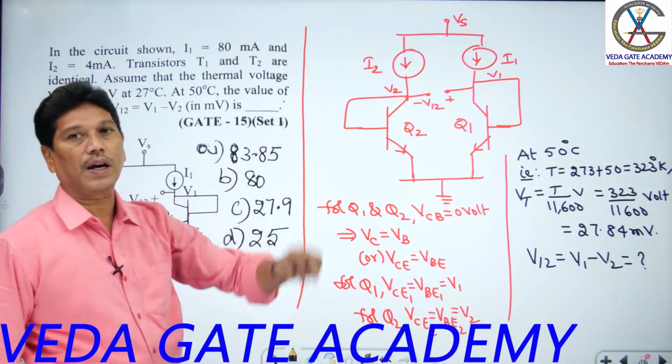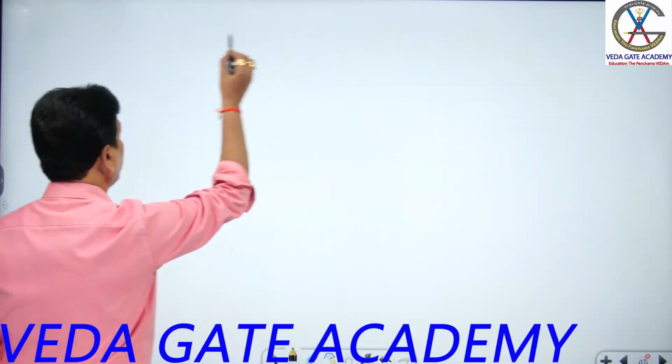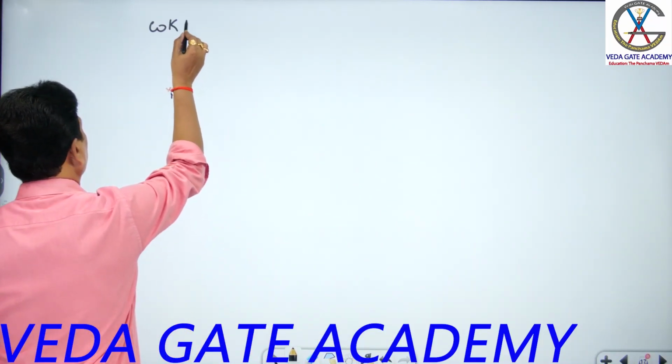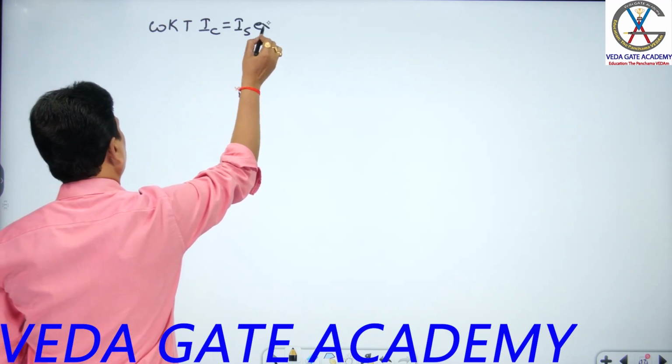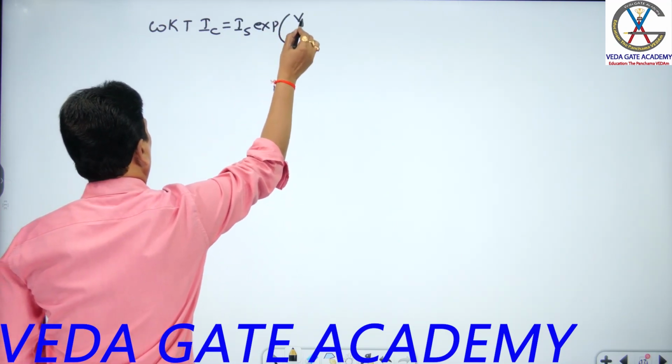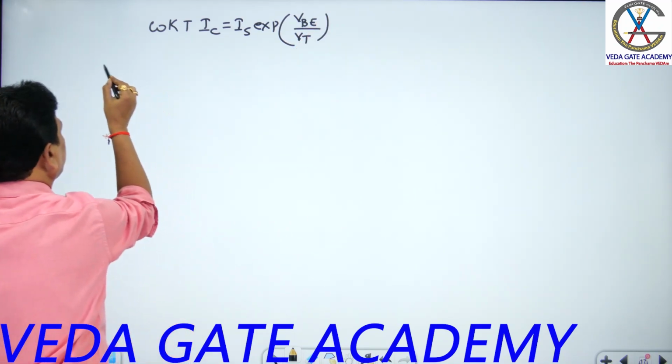Now I can go for the Shockley equation for the BJT. By that I can easily find it. See this one now. We know that IC equal to IS, or IC0, times exponential of VB by VT. Confirm?